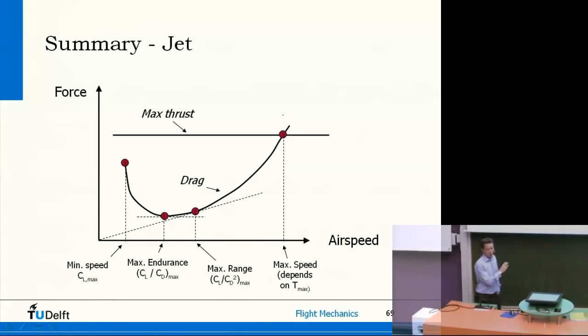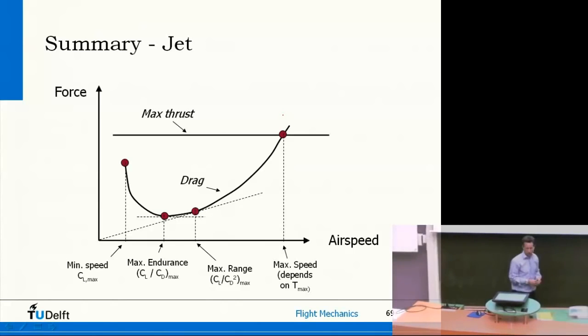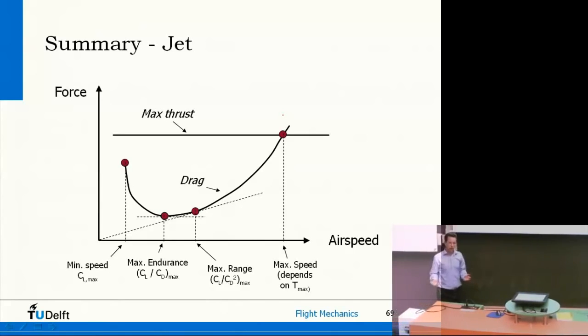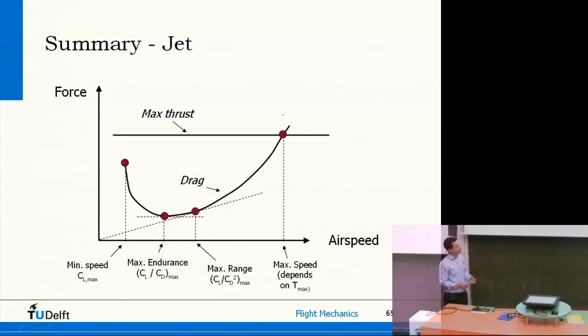Then minimum drag gives you, for a jet aircraft, maximum endurance. If you fly a little bit faster, that's, in terms of fuel use, not better, but in terms of range, it's good. So maximum range is obtained over here. And finally, maximum speed, of course, depends on this thrust level. In other words, if you can generate a lot of thrust, you can fly very fast. So it just depends on the engine.